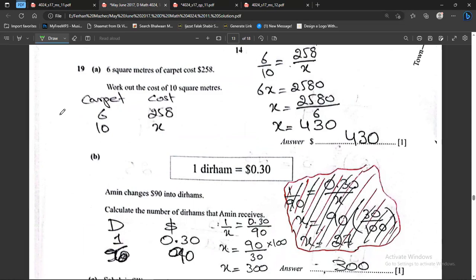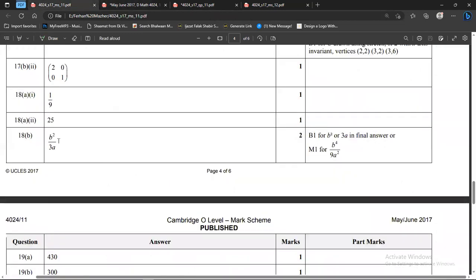If it will become 50, what will be the cost? So it will be 6 by 50 equals to 258 divided by x. So 6x will be equals to 12900. So x will be equals to 12900 divided by 6, and the x will be equals to 2150. So the carpet's price will become $2150.